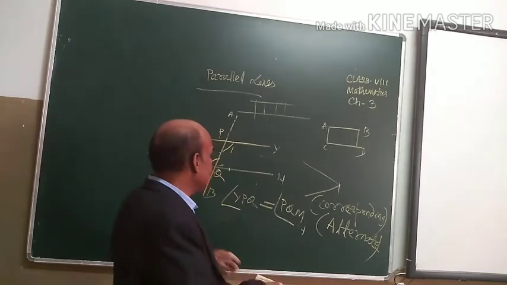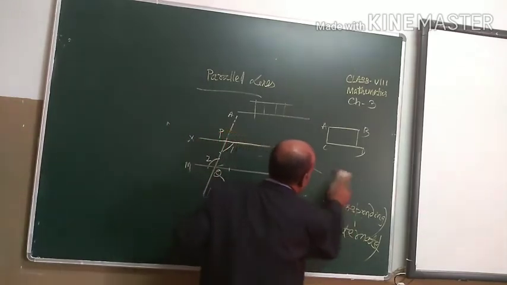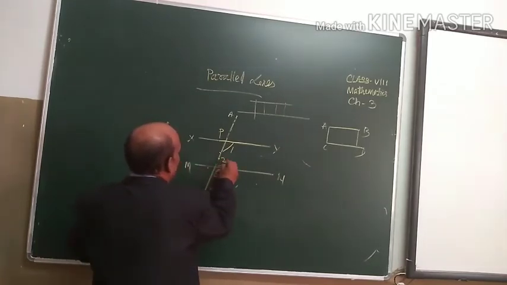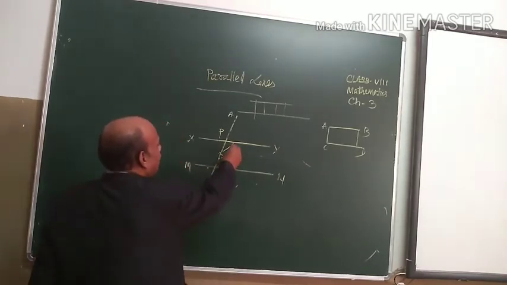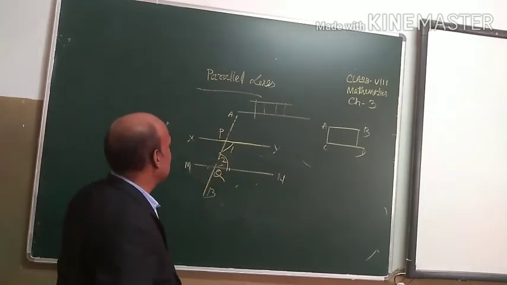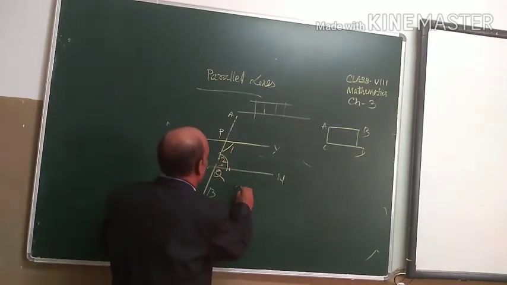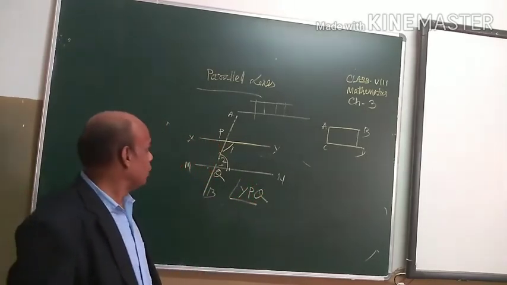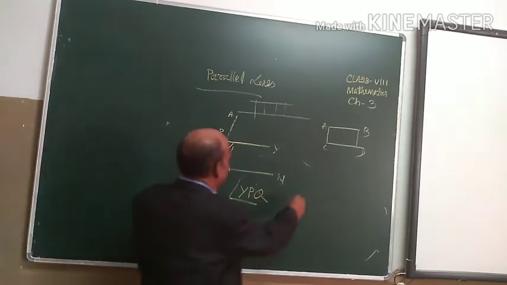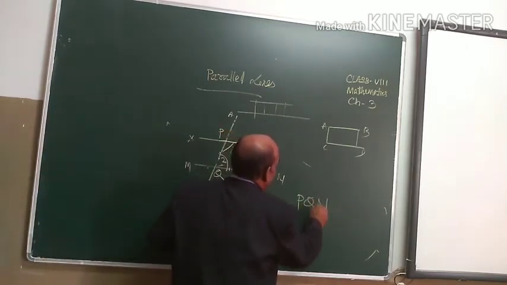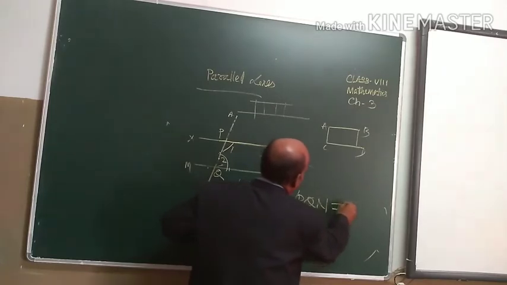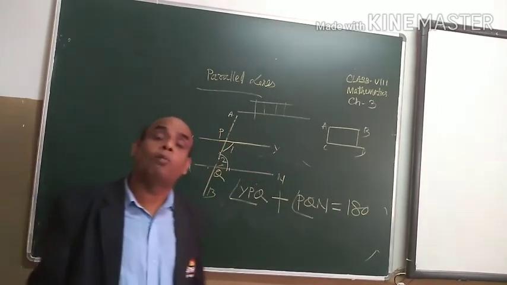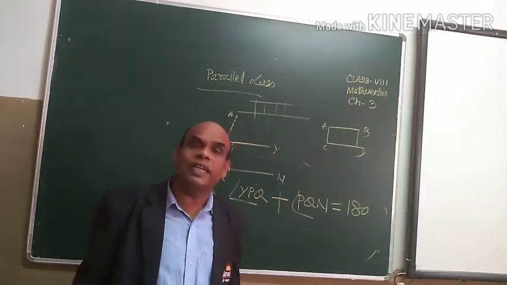Then the third point to remember: suppose this is angle 1 and this is angle 2. It means angle YPQ and angle PQN, their sum is always equal to 180 degrees. That is called the sum of the interior angles.